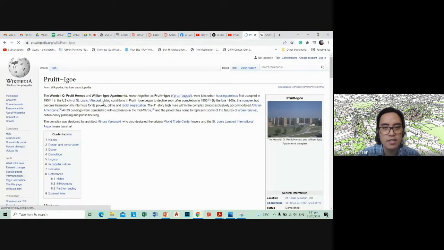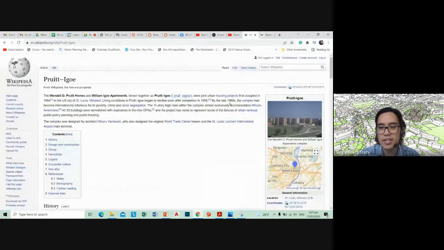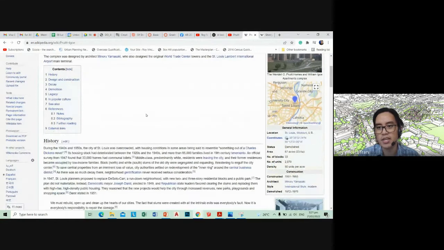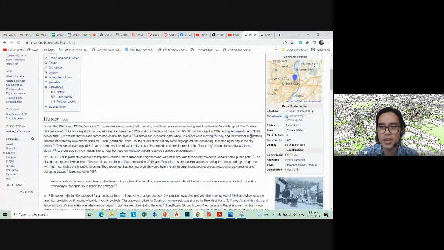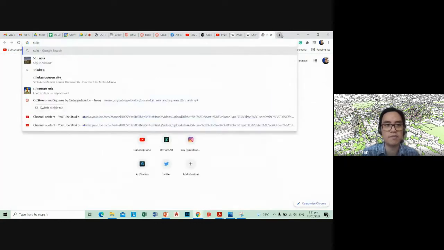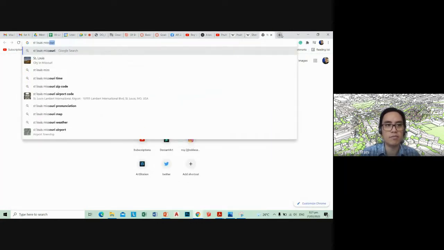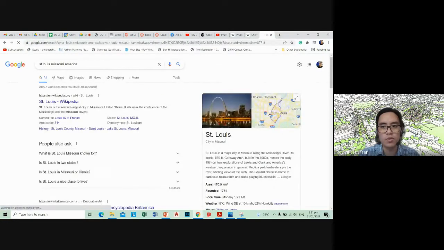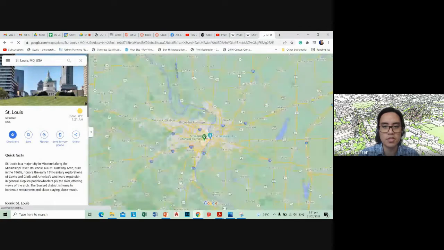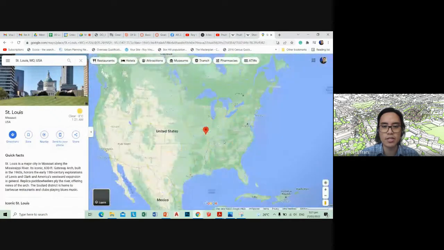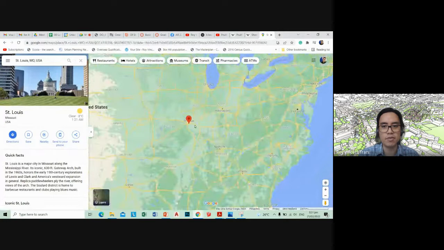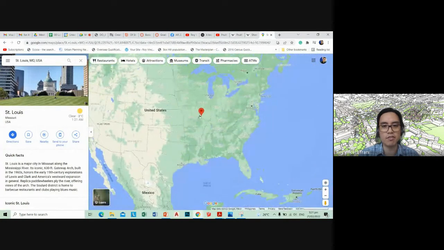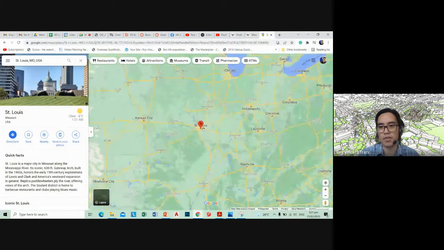So built in the 1960s and demolished by the 1970s. So this was in St. Louis, Missouri in America. So just for context, let's take a look at that. So this is where St. Louis is, right? Near the center, more to the eastern side of America over here. That's St. Louis over there.